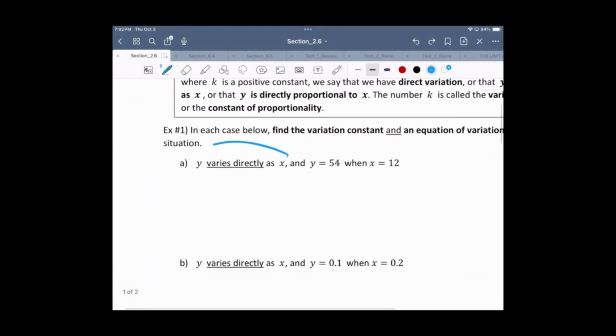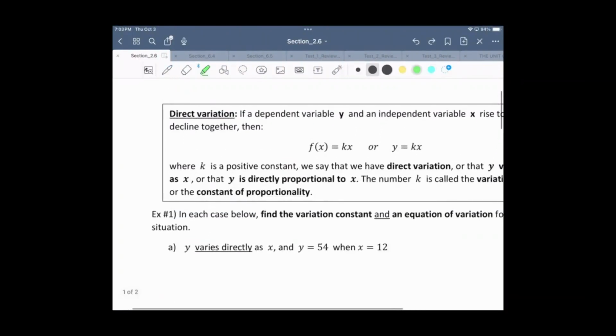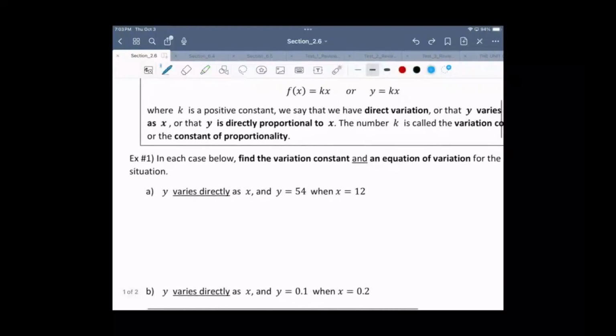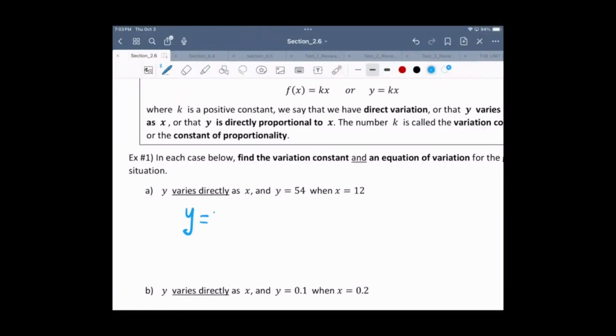The given situation, first of all, says that y varies directly as x. So right away you can use this formula for this situation. If y and x are varying directly, we can make use of that formula. So let me write it down: y equals k times x.